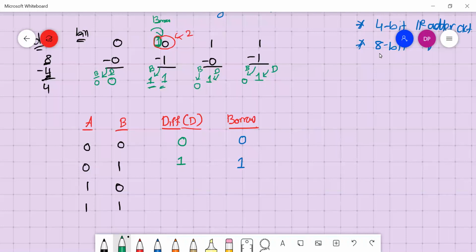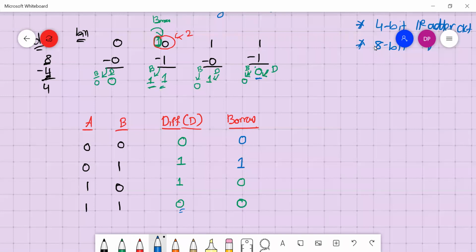Similarly, 1 minus 0 is 1, and borrow is 0. And 1 minus 1: the difference is 0, and borrow is also 0. So we had a correction here, for 1 minus 1 the difference is 0, which we have taken into consideration.